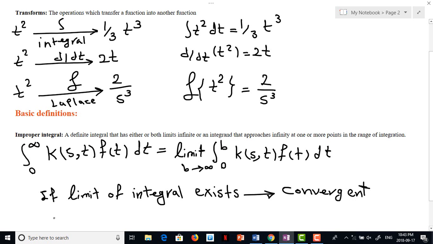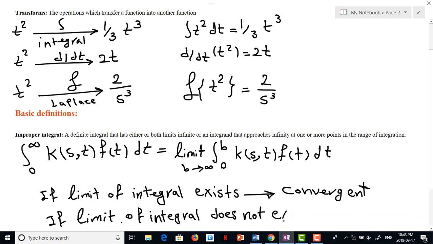If the limit of the integral does not exist, so the integral is divergent. Sorry if my handwriting is not very good, but I try to do my best.